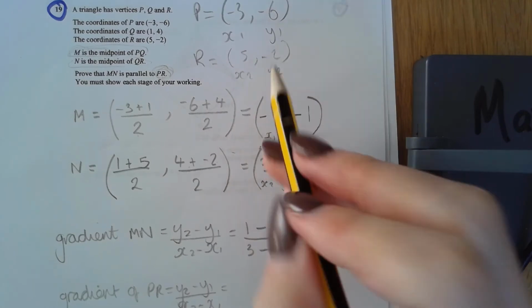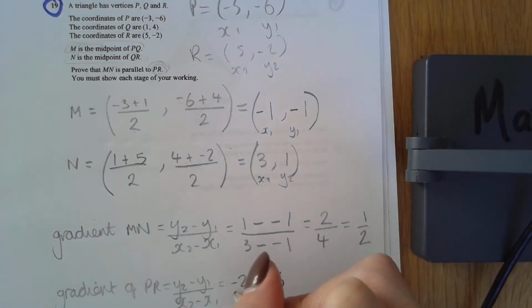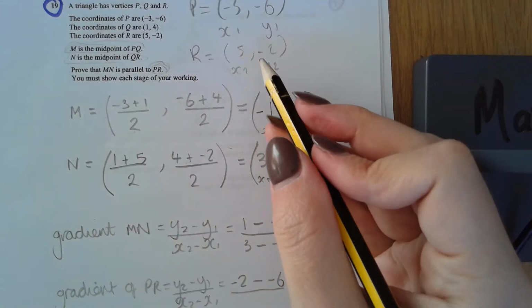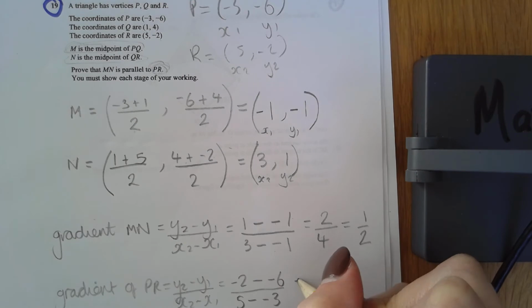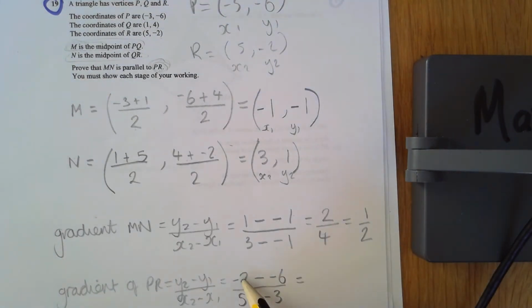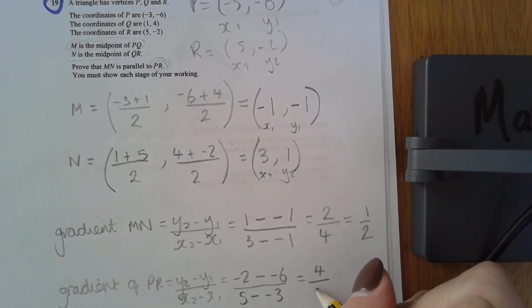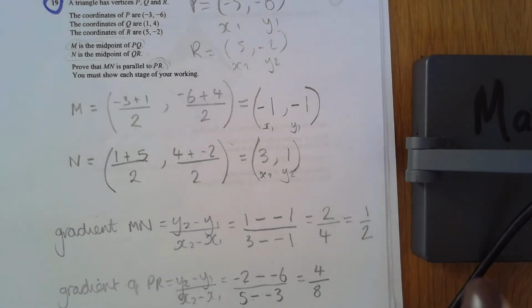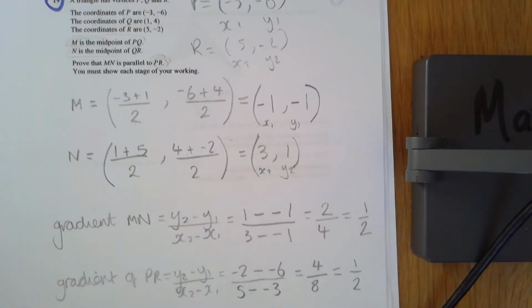So my y2 is -2, take my y1 is -6, my x2 is 5, take x1 is -3. So I've got -2 take -6, we get 4, over 5 take -3 is 8, and we know that that simplifies down to a half.